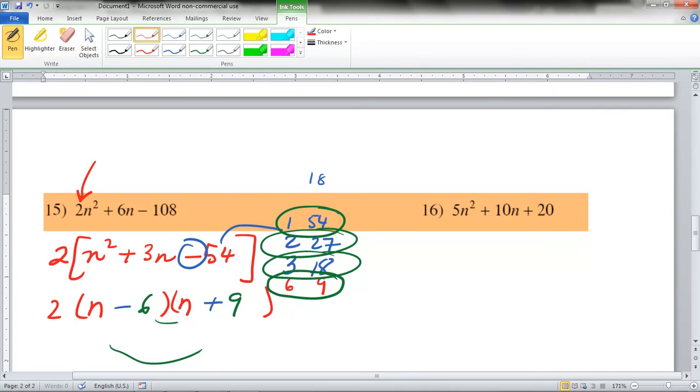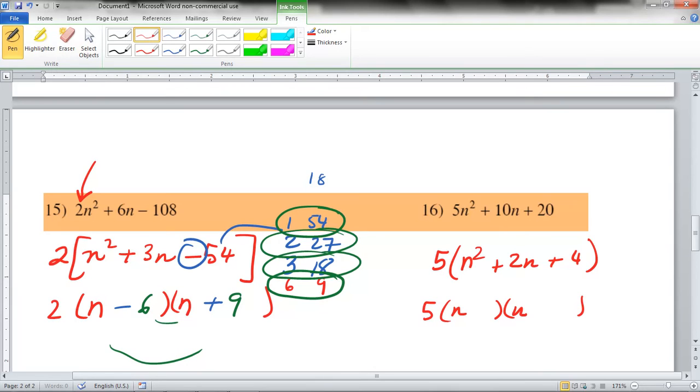Now look at this one. Same scenario. Maybe you can factor out a 5, huh? You get n squared plus 2n plus 4, right? Okay, then you can factor this like this. That's pretty easy. There's n over here, n over here. 4, they have to add or subtract to give you 2, right? Correct?